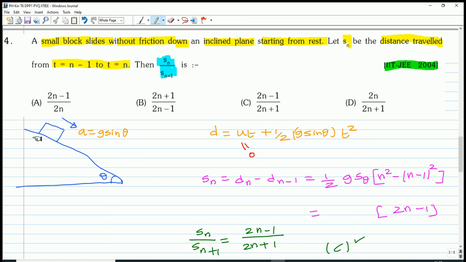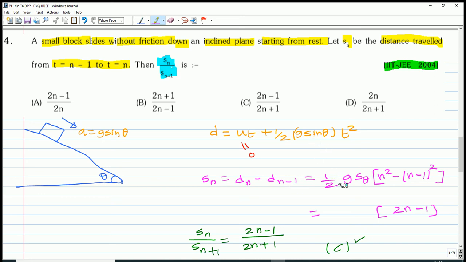So the block is sliding down the inclined plane. Let the angle of inclination be theta. So the acceleration with which it's coming down because of gravity will be g sine theta. So we can use this equation of motion. The displacement is ut plus half at square, where a is g sine theta, and initial velocity is 0. So from this we get the distance travelled in n seconds minus the distance travelled in n minus 1 seconds.